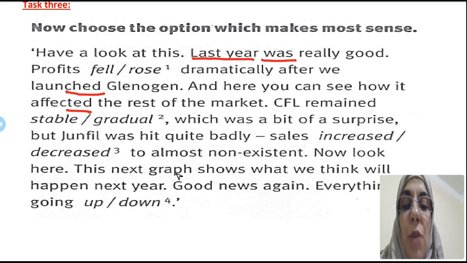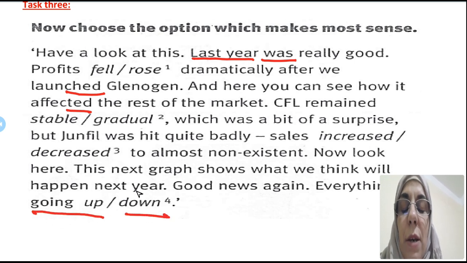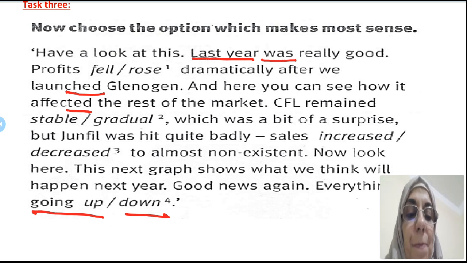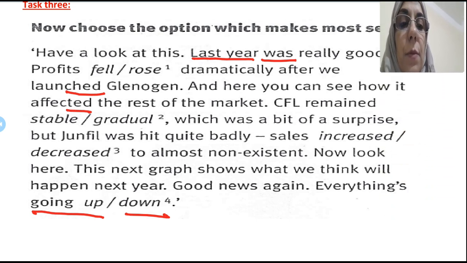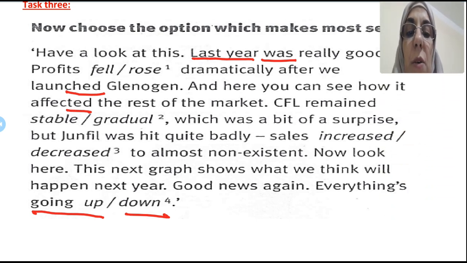Now look here. This next graph shows what we think will happen next year. Good news again. Everything's going up or going down. You have to choose one verb or one option. Okay, so have a few seconds to think about the exercise.